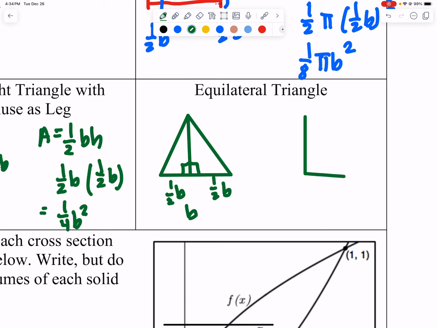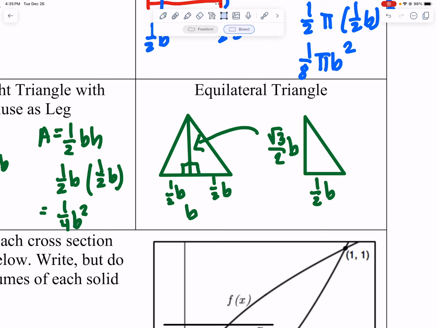Now, remember with a 30, 60, 90 triangle, to find my height, which is opposite of my 60 degree angle right here, that is going to be √3 times whatever my base is. In this case, since my base is 1/2 base, this tells me my height is going to be √3 times that. So √3/2 times b. So that right there gives us my height.